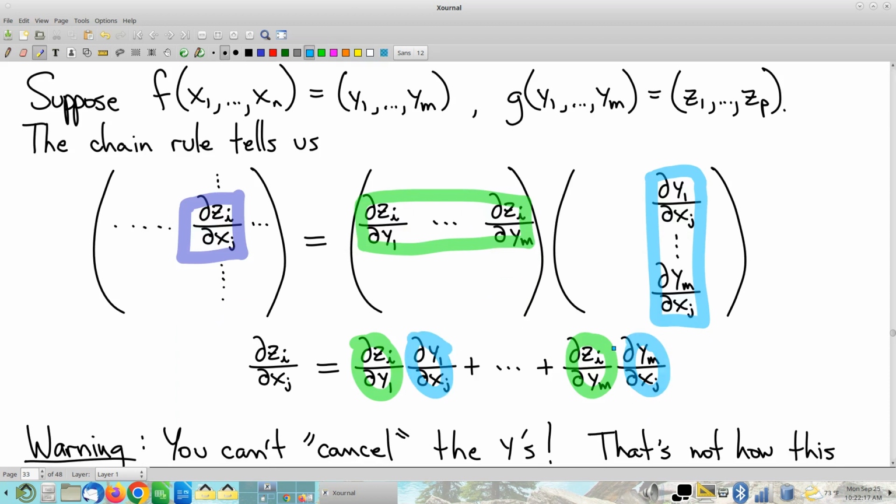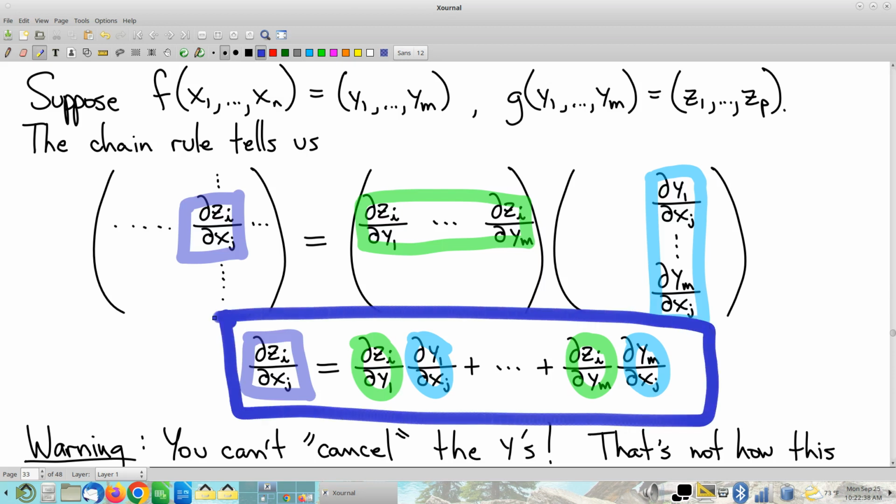And that dot product of the green row with the blue column is this expression right here. And so there is a single standalone formula for how to compute one of the composition partials. No matrices required. You can know just this formula right here.